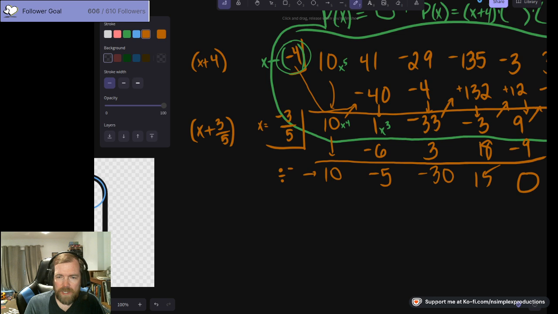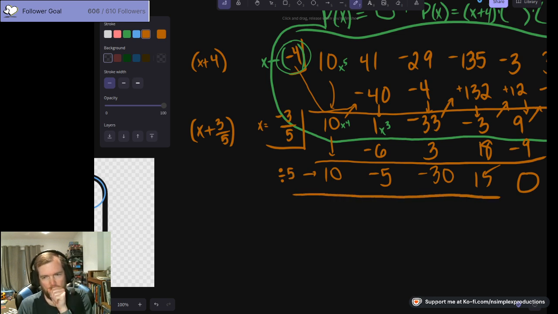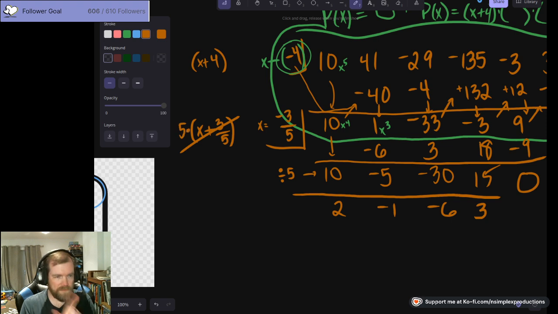If we divide everything by 5, I'm going to take one line to do it, no work. This is going to be a 2, negative 1, negative 6, 3. And this now becomes a 5 times that. If we divide that by 5, it has to go somewhere, so it's going to go there. So now we have a 5x plus 3 term, which is going to multiply at the end.